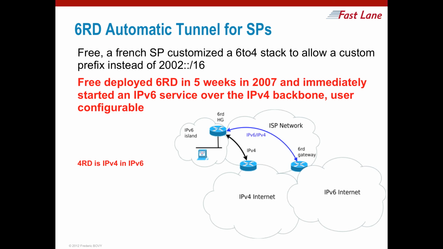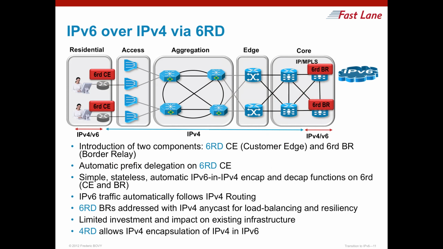So a service provider came up with the idea to customize this prefix to make it possible to deploy a service, because it was no longer a 2002 prefix, but a prefix that can be customized for each service provider.